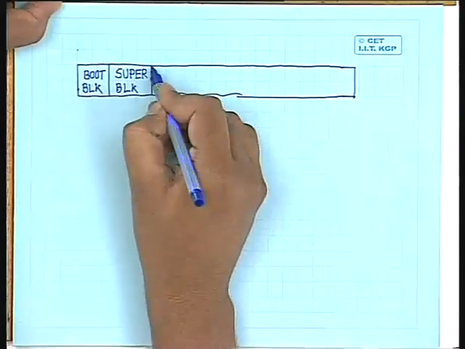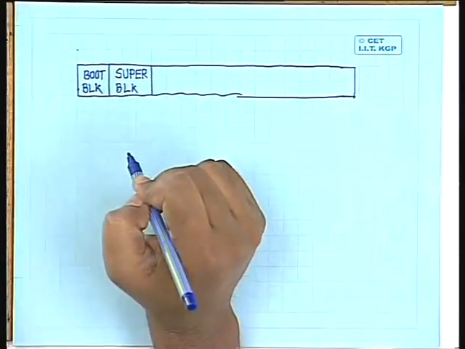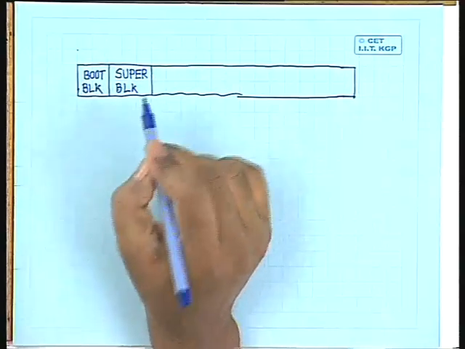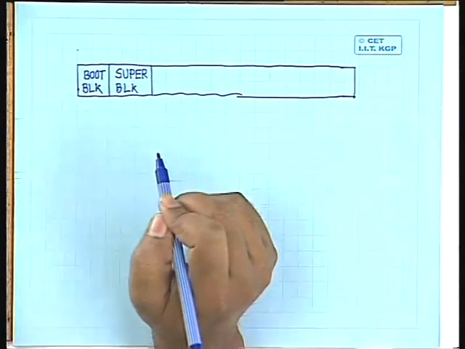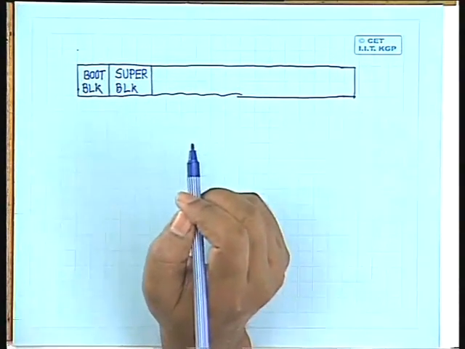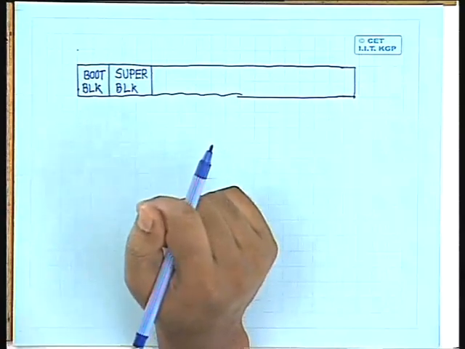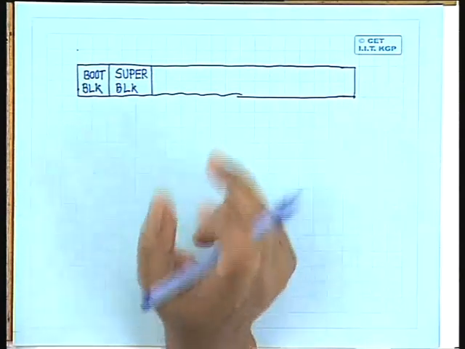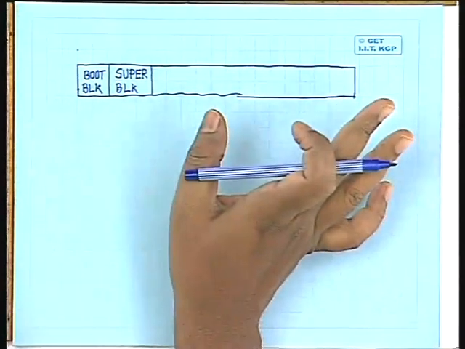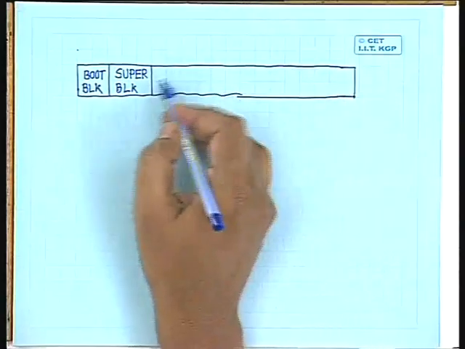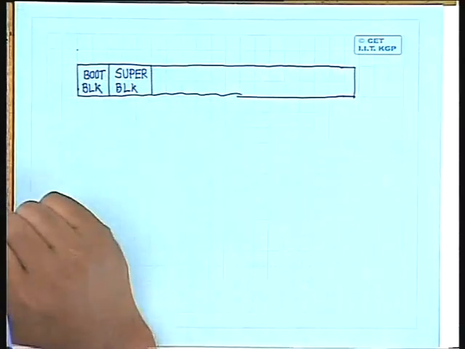So the purpose of this super block is to maintain the information of the file system itself, that is how big the file system is, how many files it can store, and where you will find the free space on the disk. Okay. So all that information will be maintained in this super block. I'll come to details on the super block later.